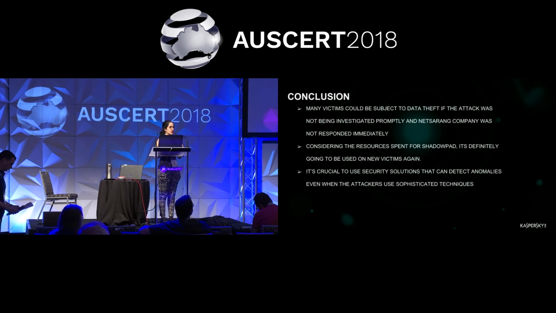Like CCleaner, it was used by more than 2 million users. Of course, fortunately, not many users had the second stage malware, but 40 plus users had the second stage malware on their system, based on AUSCERT analysis themselves.